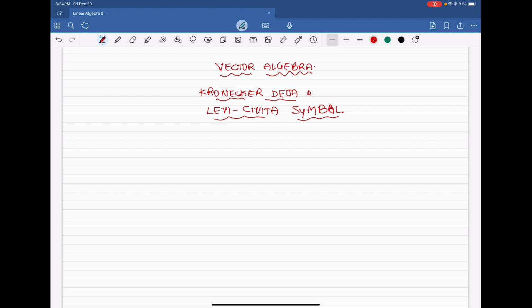In matrices, you might have seen multiplication of 2 by 2 matrix, 3 by 3 matrix, which I have explained in my linear algebra lectures.